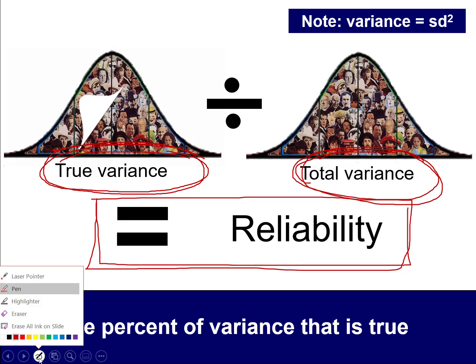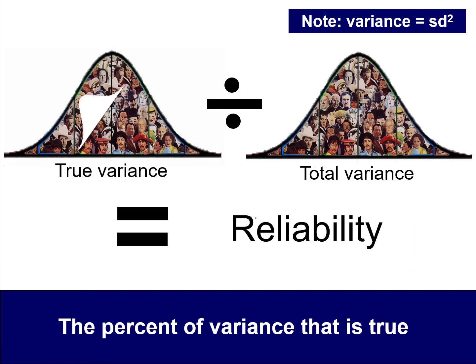And note that if I take true variance divided by total variance, that gives me the percent of my total variance that is true variance. And so we define reliability as the percent of variance that is true. That is, it's what we get if we take true variance divided by total variance.